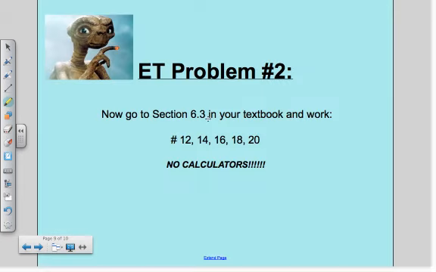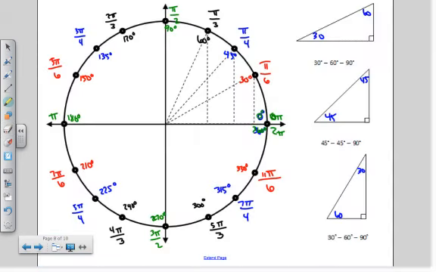All right, now go to section 6.3 and work these problems. And I might say at this point, of course, no calculators, and you have just filled out the unit circle, but my advice to you would be not to use the unit circle too much as you try to do each problem. What I would try to do is draw your own unit circle and try to fill it in on your own.